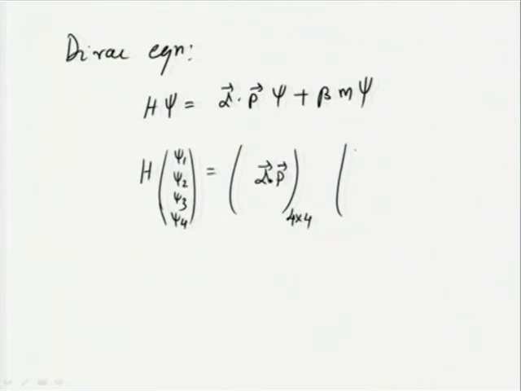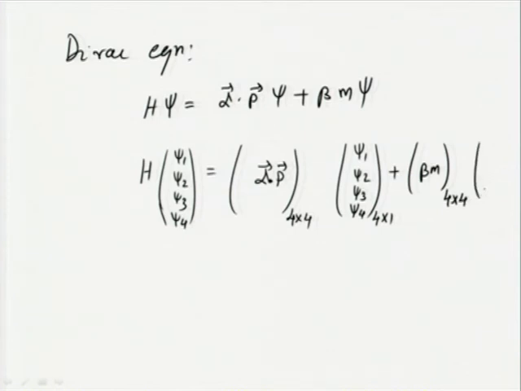Then you have psi 1, psi 2, psi 3, psi 4, a 4 by 1 matrix, so that they can be multiplied, plus similarly beta m is a 4 by 4 matrix, and you have psi, a 4 by 1 matrix. This should be kept in mind.